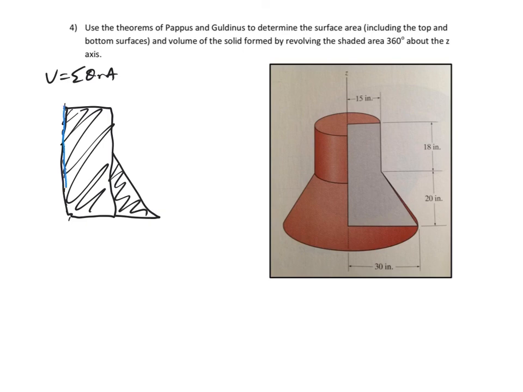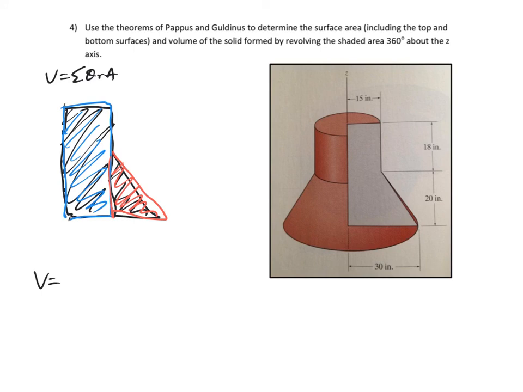Maybe I'll draw this rectangle in blue and this triangle in red. So you see for the last one, for the surface area, I used 4 lines rotated 360 degrees. Now I'm using two very different areas. All right, so the volume is going to be the summation of each one's theta RA.